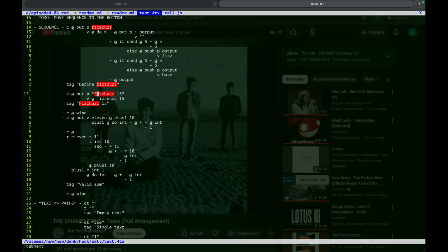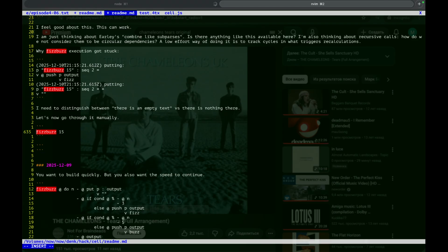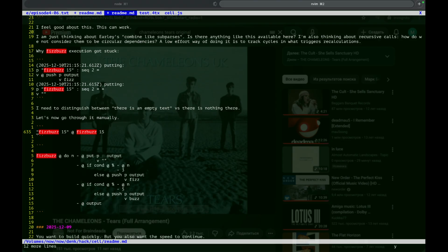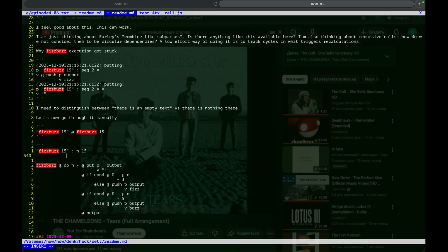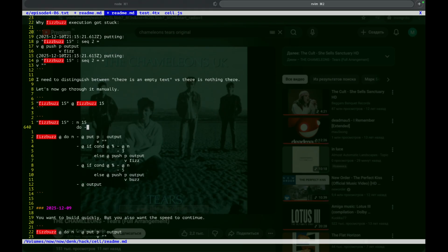Wait. Because I called it this was 15. So I start with n15 and then do, it would be what?